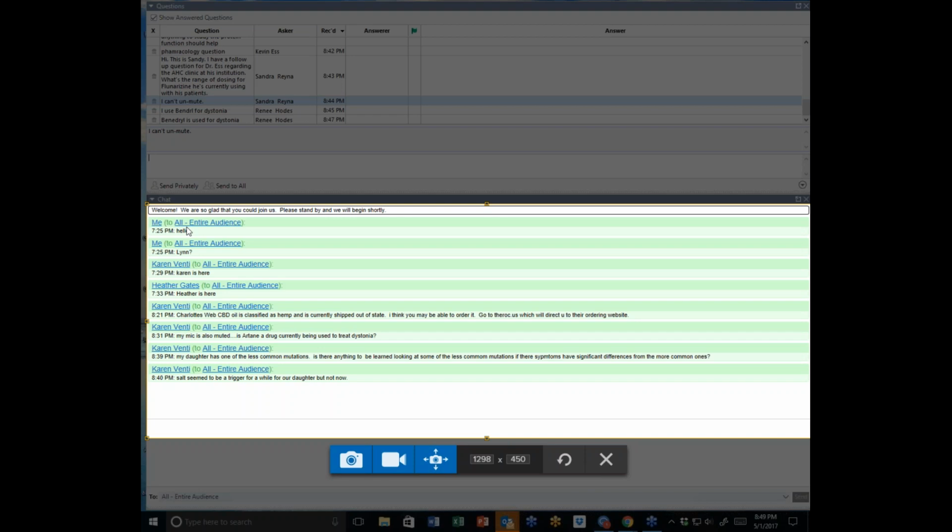Oh, the next one. You see the next one? I see one that says, my daughter has one of the less common mutations. Is there anything to be learned looking at some of the less common mutations if the symptoms are different? I would answer that yes, I do think there is a lot to learn. We've been starting to study a really unusual mutation. I think there are only 2 or 3 patients with this particular one. Because of the character of the mutation, we thought it would be informative.